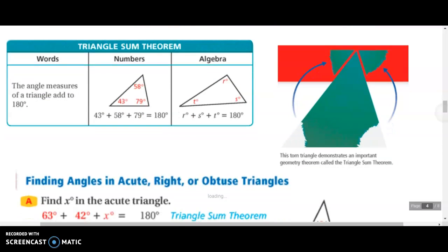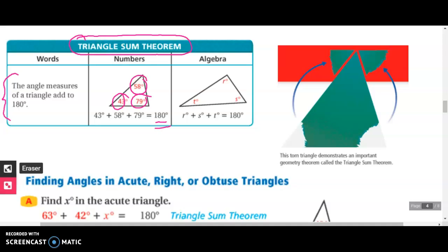Triangle sum theorem. The triangle sum theorem, and again, you should be taking notes on this as well as when you had the Ed puzzle video, okay? The triangle sum theorem states that the angle measures of a triangle will add to 180 degrees. Triangles are very special, but one of the things about them is this triangle sum theorem, which states that if you add up all of the interior angles of a triangle, it must equal 180 degrees.